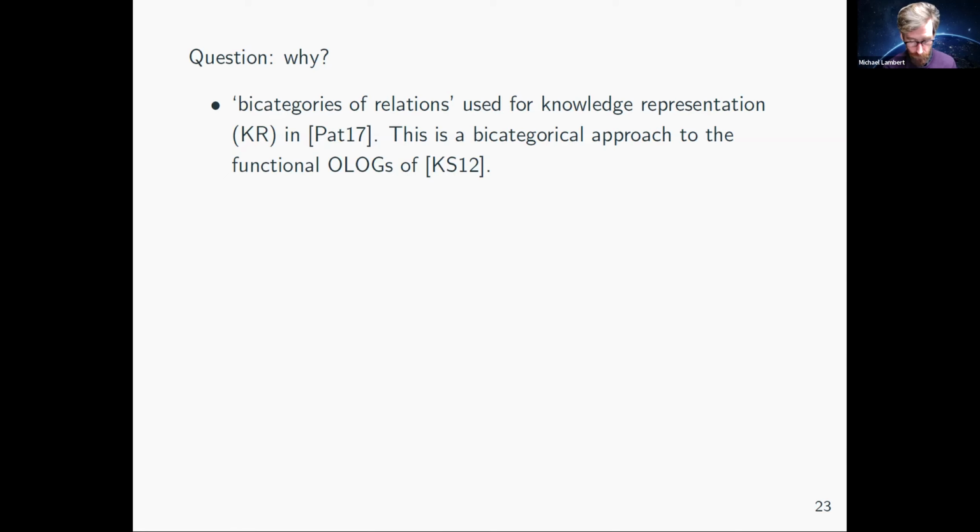The issue, though, at least in my opinion, was that the functional ologs are just finitely presented categories. They're easy in some sense. So bicategories of relations sounds pretty high tech. There's a lot of stuff that goes into it.